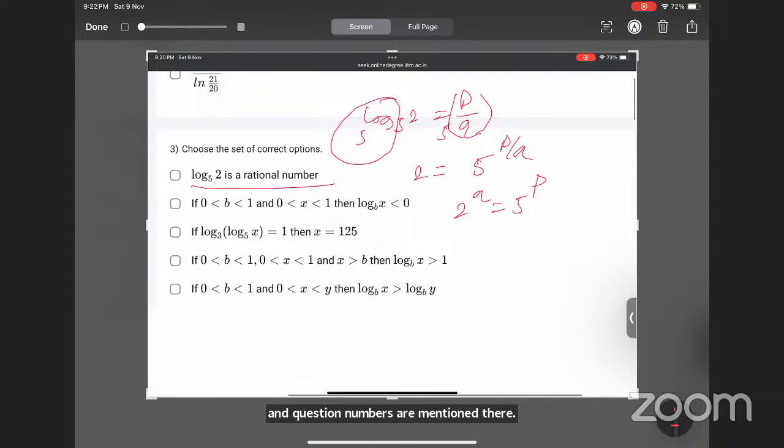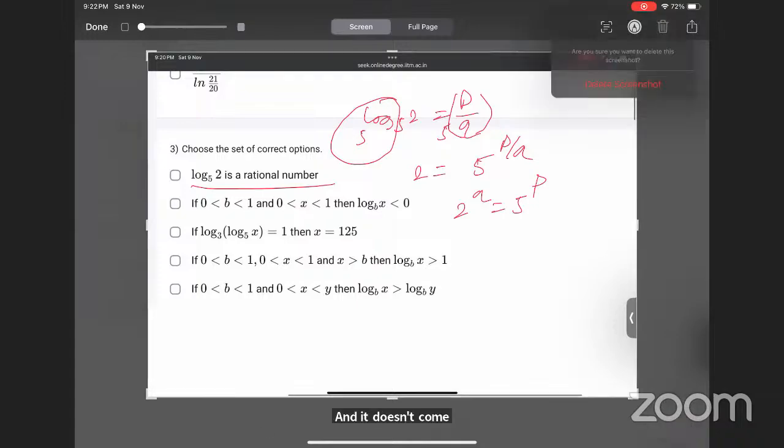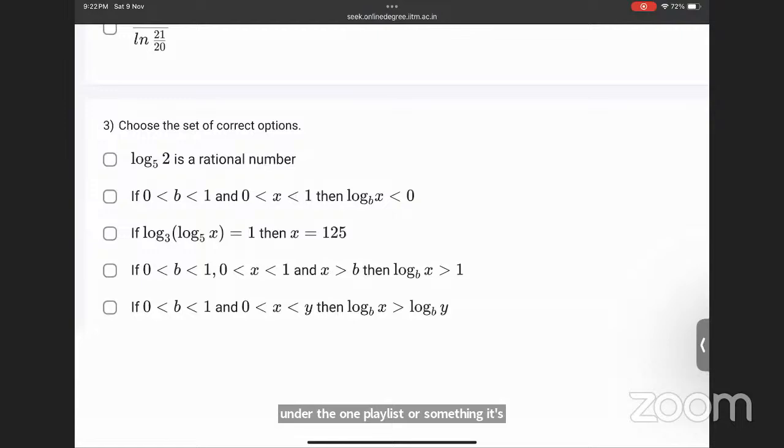Is it possible to cluster them under one topic? Since many people are solving these questions, it's quite distributed. No, this is in one playlist. These are not distributed. When I go to the playlist, I don't see all the questions in one place.